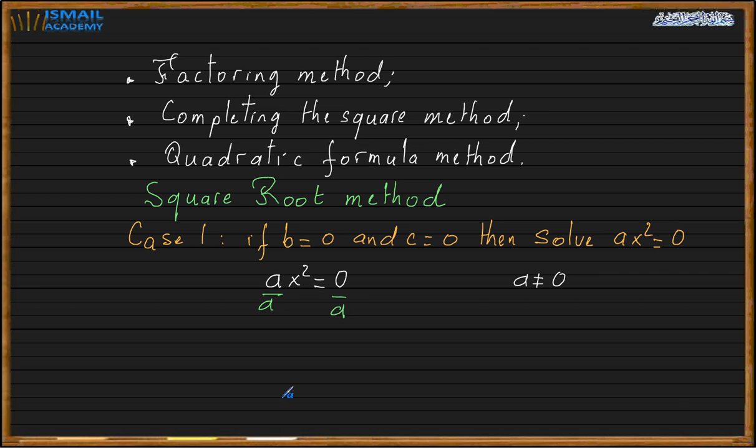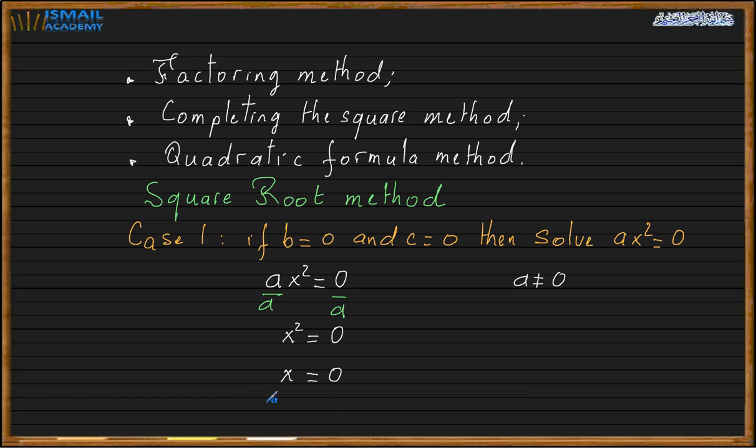So you end up having x squared equals 0. The only number that makes that expression equal 0 is 0 itself. There is no other number that gives you 0 when you square it. So right away you just say x equals 0.